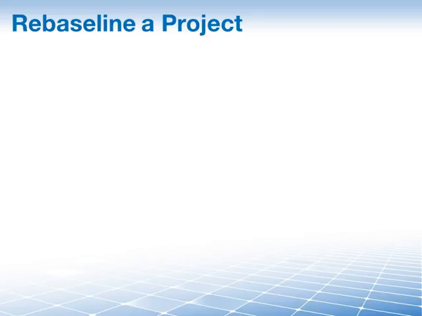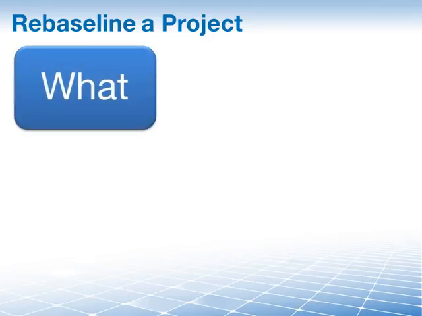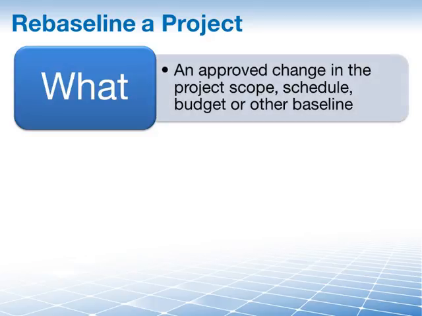So we've heard a couple of times already that we may need to rebaseline a project. Let's therefore clearly define what rebaselining means and why and how it's done, so that we're talking all about the same thing here. So rebaselining means that you have an approved change in your scope, schedule, budget, and that the related baselines are then updated to reflect that particular change.